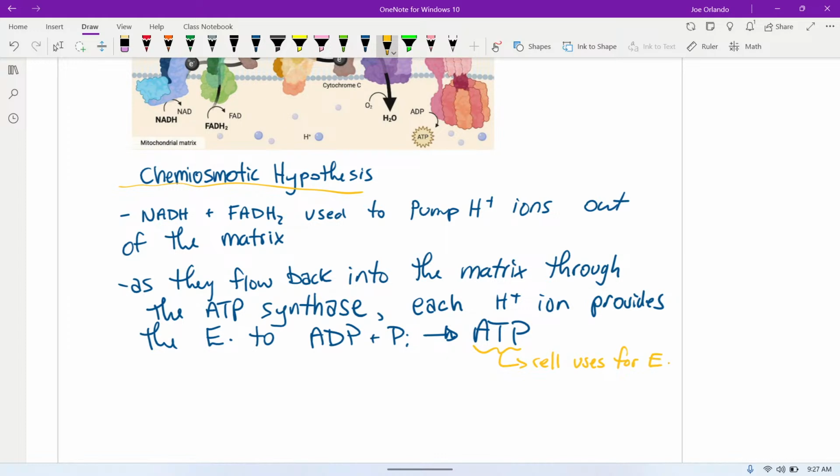So the mitochondrion is just a big factory. It's a big factory that takes sugars and other metabolites, breaks them down, gets the energy out of them, and eventually turns all that energy into ATP.